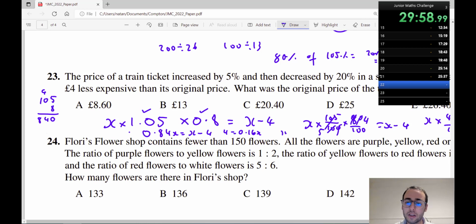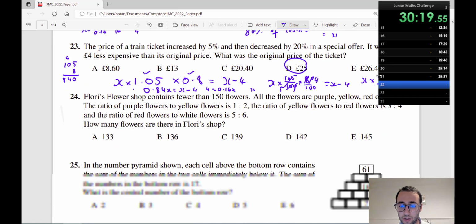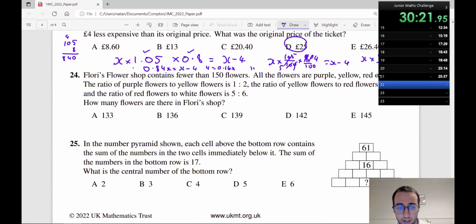Oh my god, I did timesing. So x equals 4 divided by 0.16. Oh my word, I was right. 400 over 16, which is 100 over 4, which is £25. Oh my word, I did that too. That was far too silly.